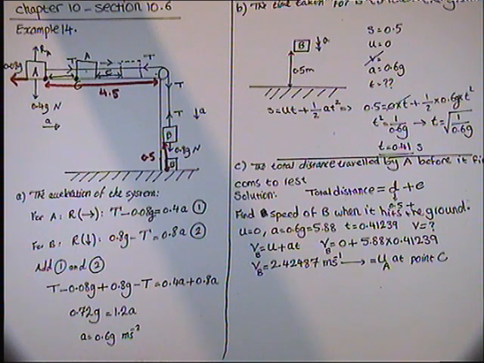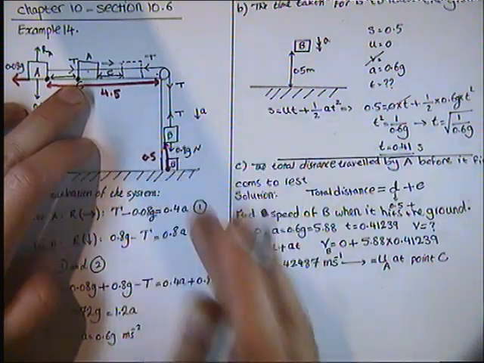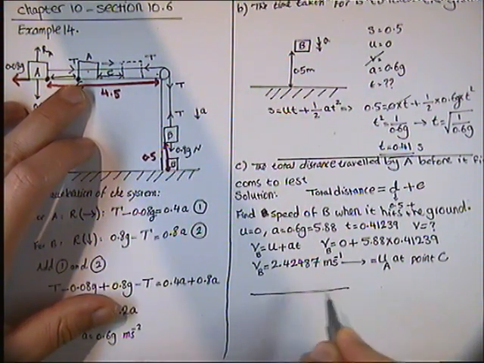Okay, speed of a, which we worked out at point c. Once b hits the ground, the string will go slack and a will begin to decelerate as it slides against the friction on the table. So what would happen after b hits the ground? I can draw a diagram.